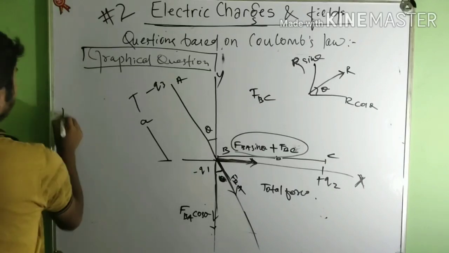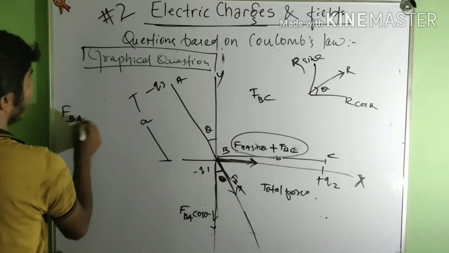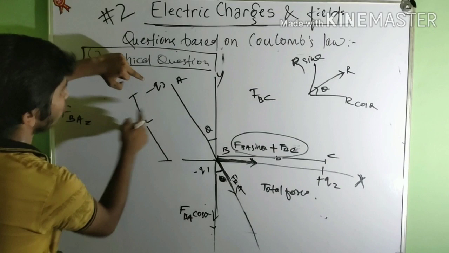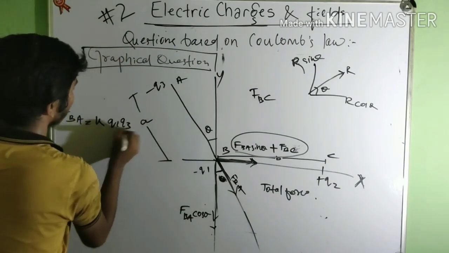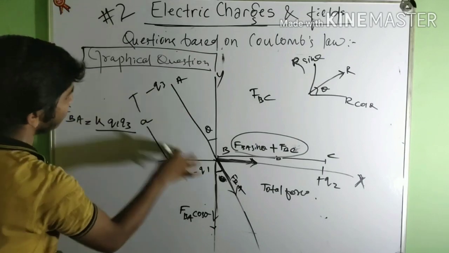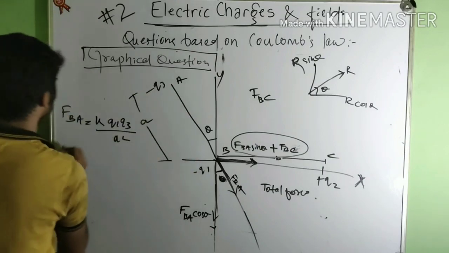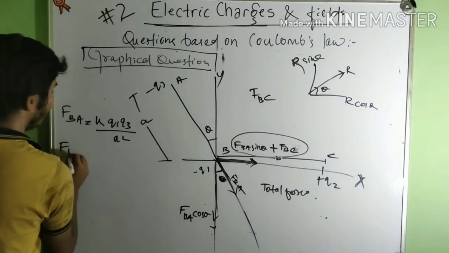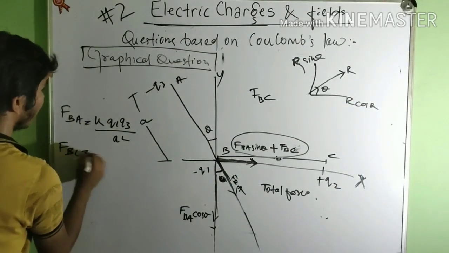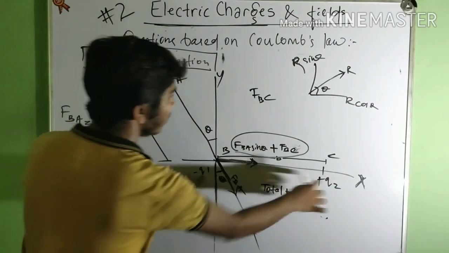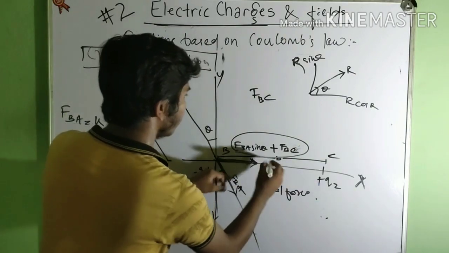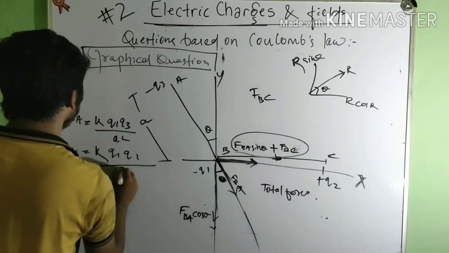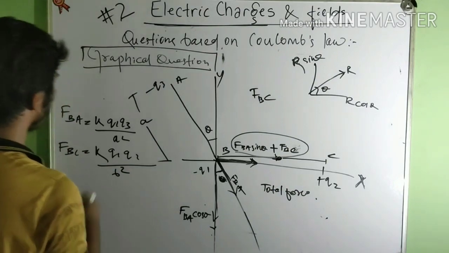What will force on B due to A be? K Q1 Q3 by, what is the distance between them? A means A square, and force on B due to C will be what? K Q1 Q2 by distance, B means B square.